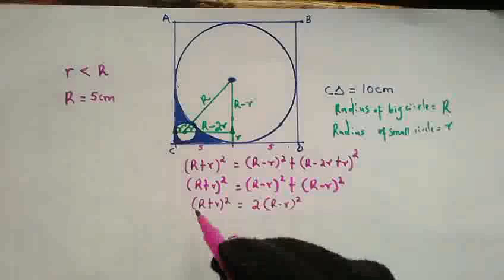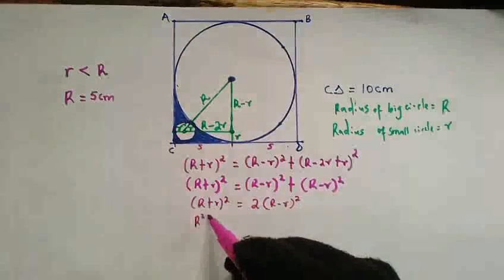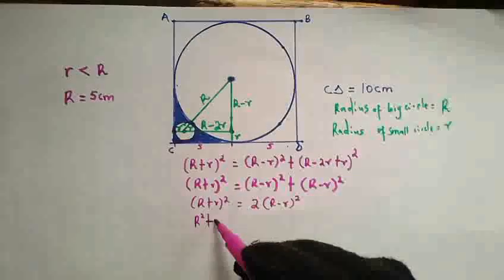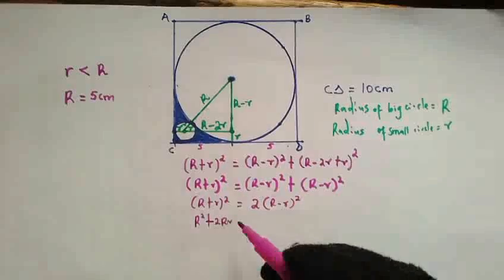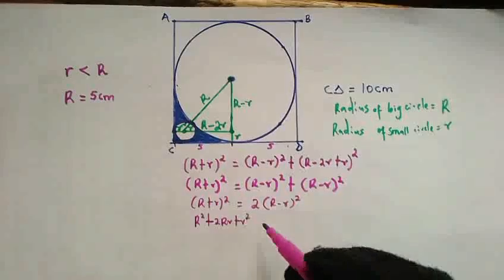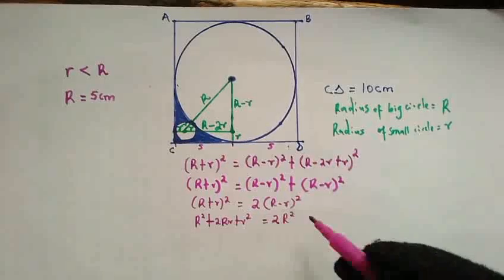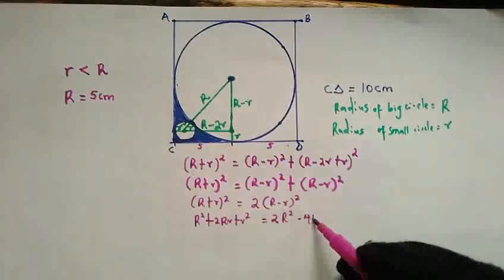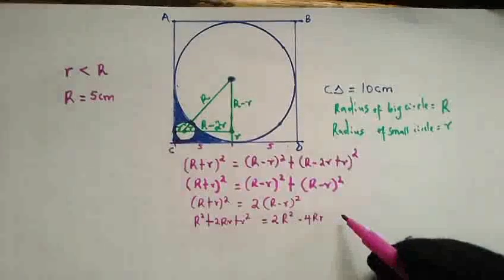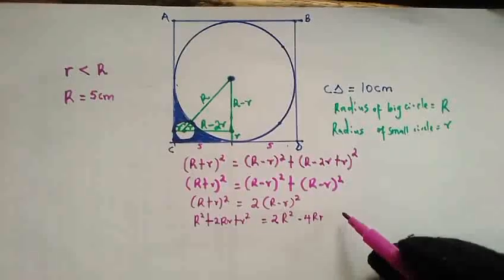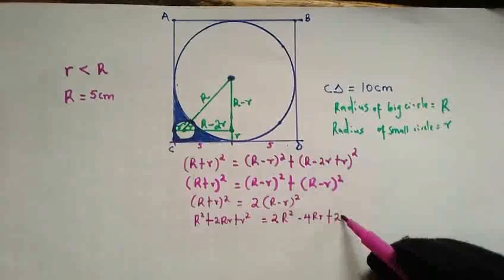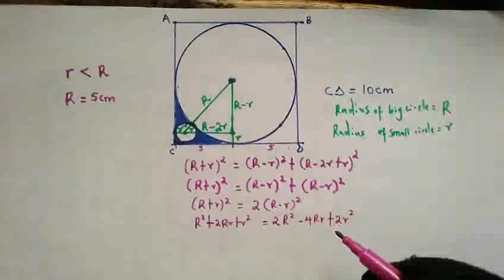So now we have here R squared plus 2Rr plus r squared is equal to 2R squared minus 4Rr, then plus 2r squared after we expanded them.